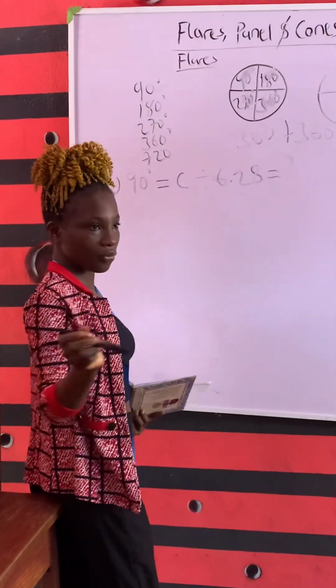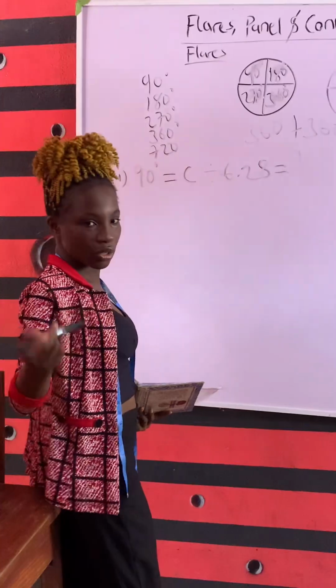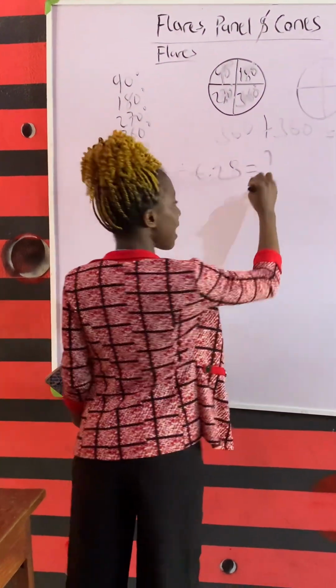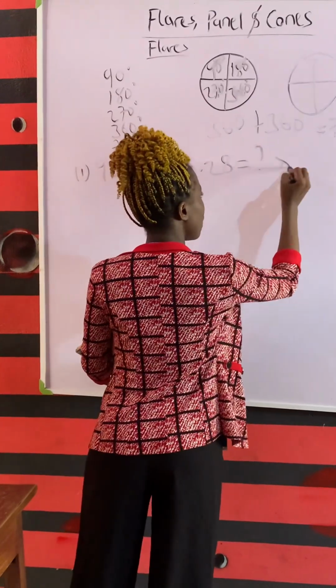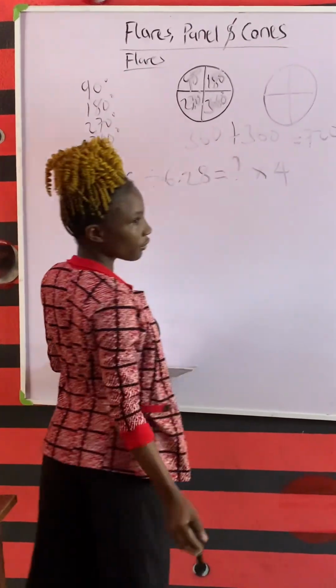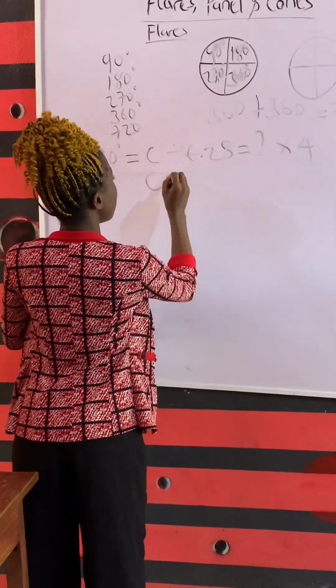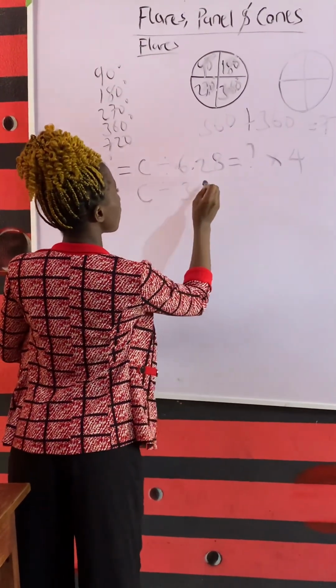I'm going to use my circumference, that is what we will mostly use. So now divided by 6.28, say the answer, then times by 4 for 90 degrees. Or you can use circumference divided by 3.142.